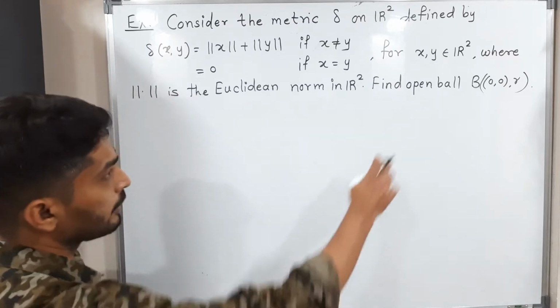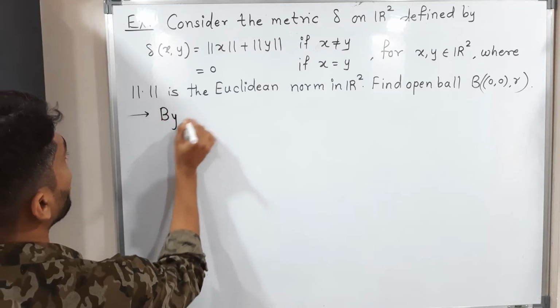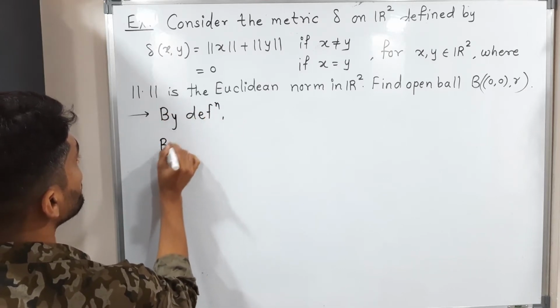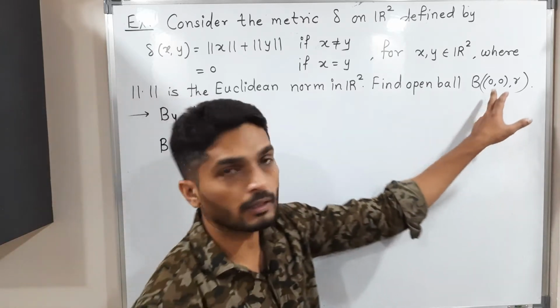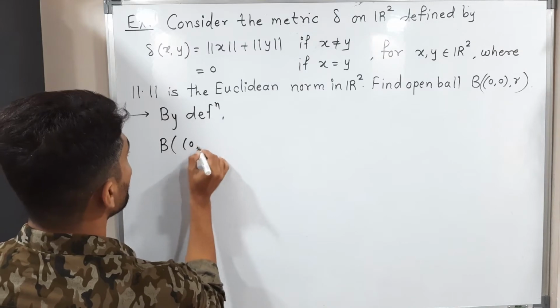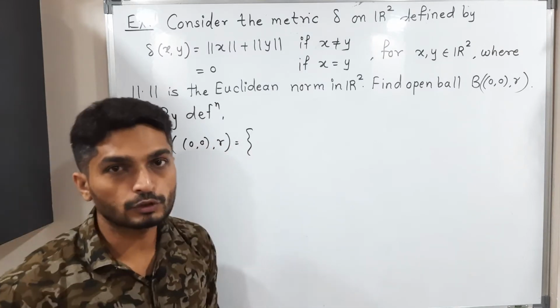Okay, what we have to find? I will simply write by definition. We will follow the definition. So B is an open ball with center origin (0, 0) and radius R. You remember the definition of open ball.